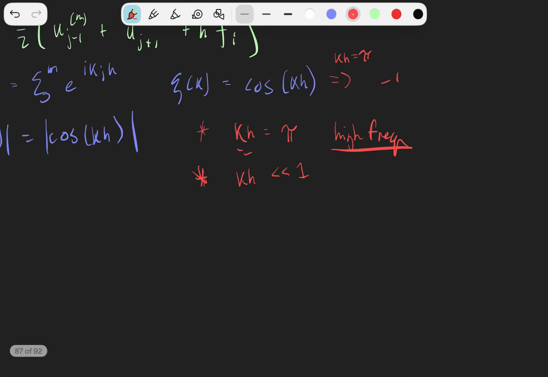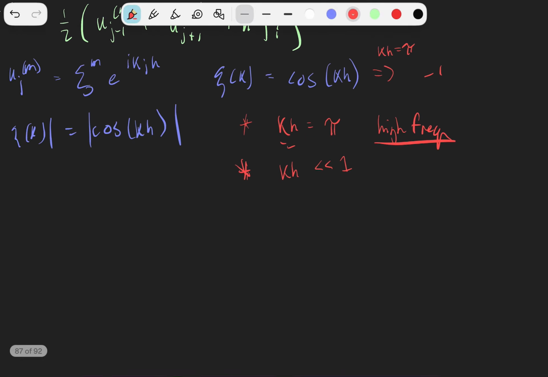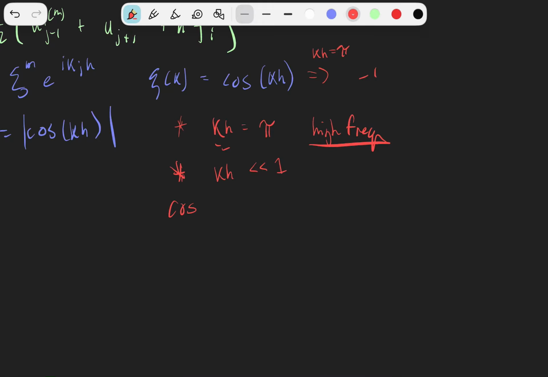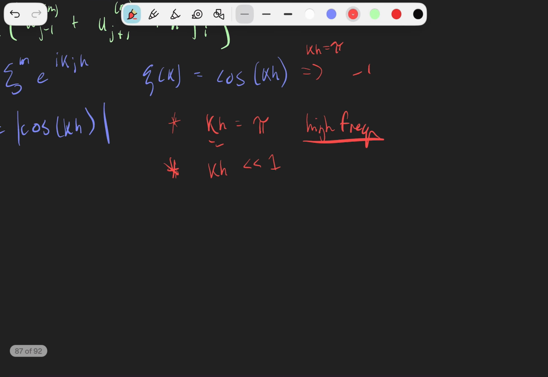So from the Taylor expansion, it's approximately 1 minus a small term, which is just approximately 1, okay? Because this part goes to 0. Sorry, I had to think about that for a second.